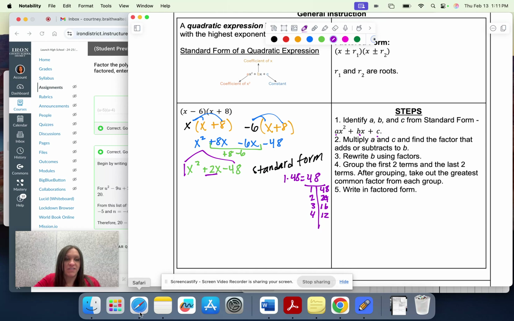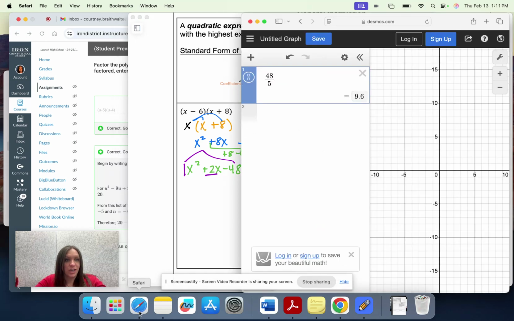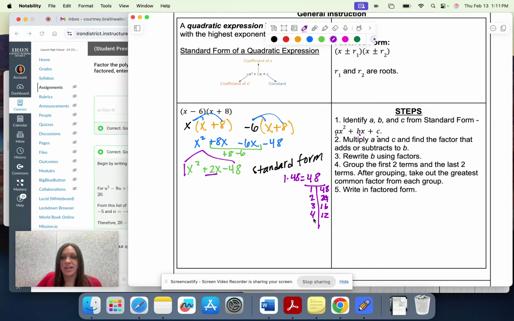It doesn't divide by 5, but if you're not sure, just use your calculator. Okay, 6 times 8 is 48. I'm going to stop there because that's the lucky one, right? We have 6 plus 8, 8 minus 6 is 2.